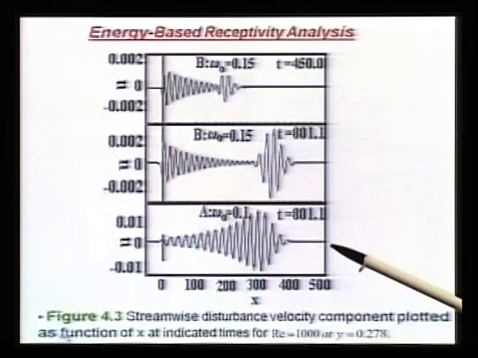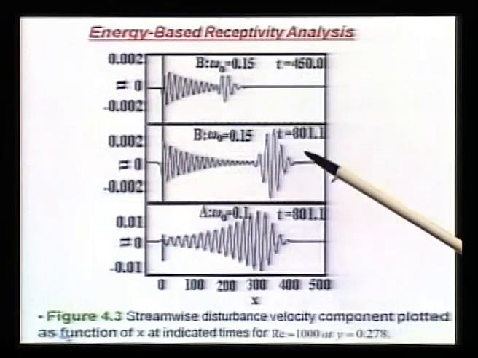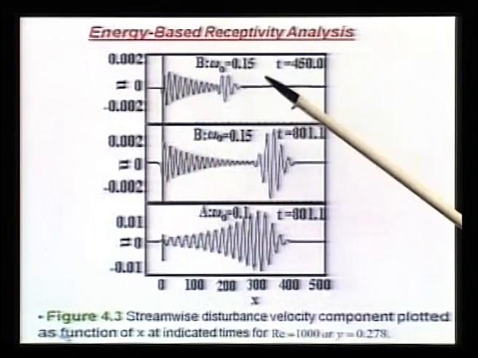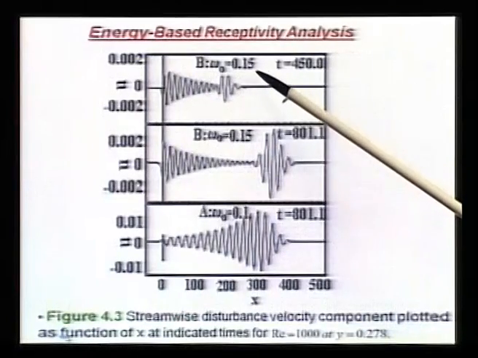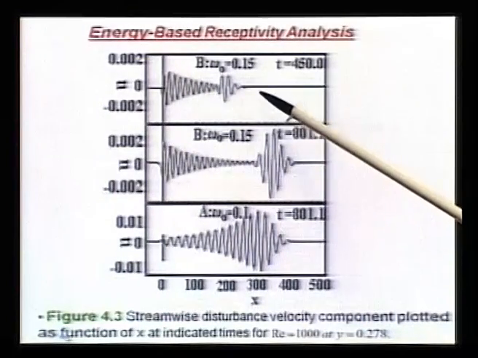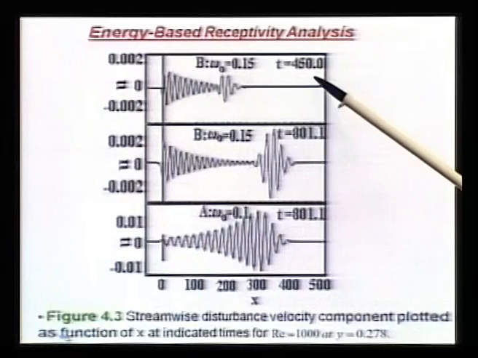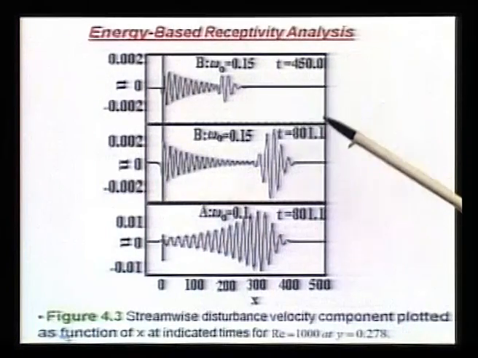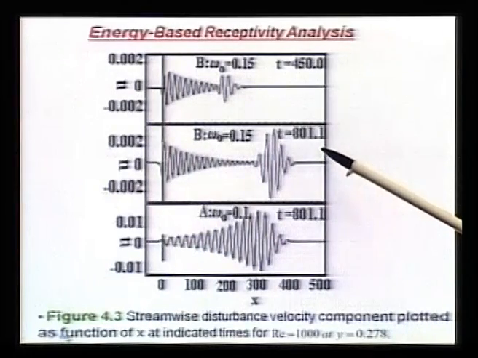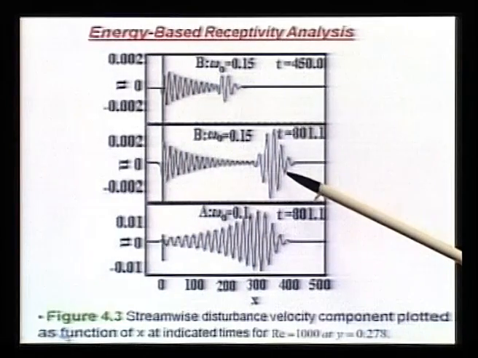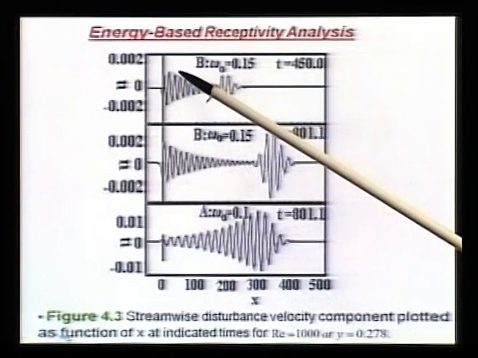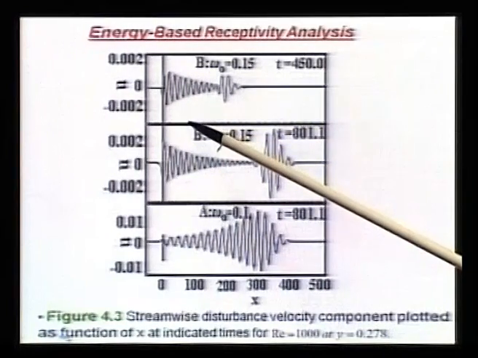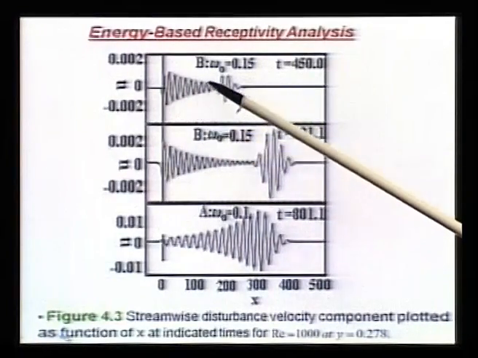For point B, we are considering a case above the neutral curve, which corresponds to about 0.15. This is the solution at t equal to 450, and this is the solution at t equal to 801. What we note is that the spatial theory says it is a stable mode. So that is what we are seeing.